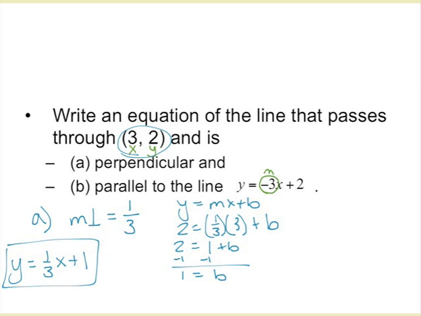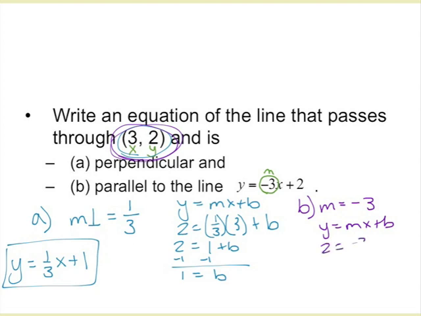For part B, we want to be parallel to that line. And we said parallel slopes are exactly the same. So we're going to use a slope of -3 for part B. So it's exactly the same as the given line. We're still going to use the same point to go through. So y equals mx plus b. Our y is 2.